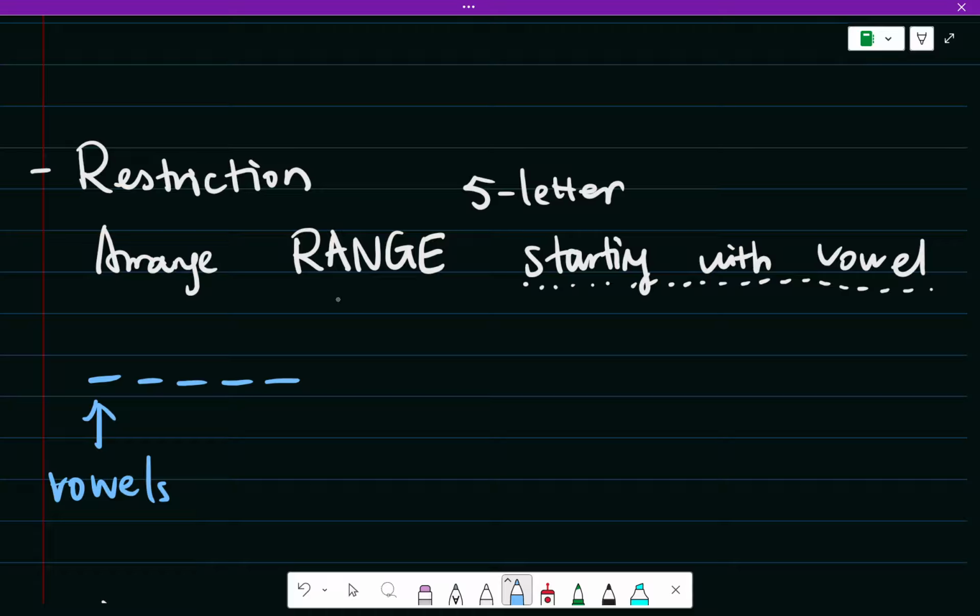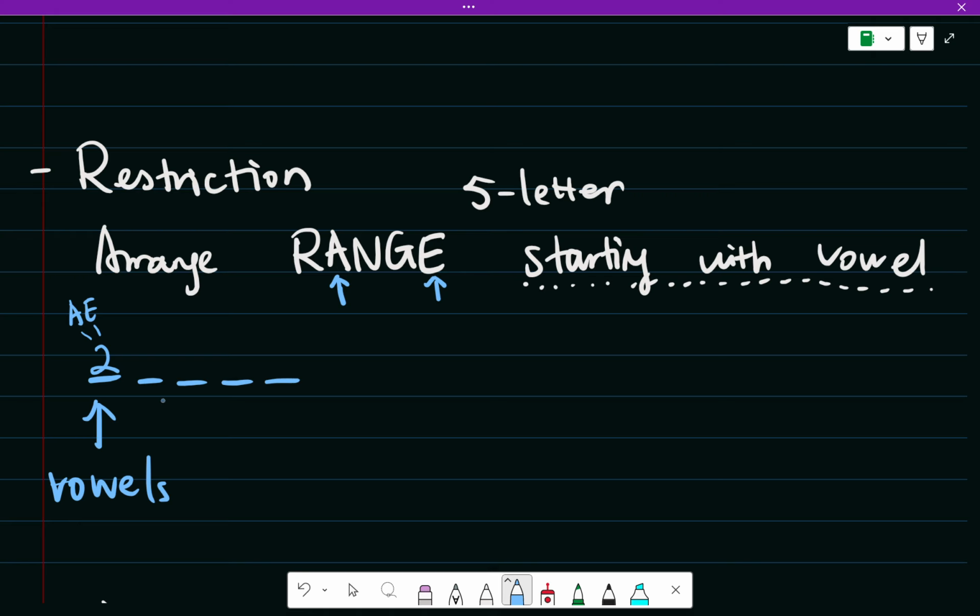If we look back into the word range, we only have 2 vowels, A and E. It means that on the first position, we only have 2 possibilities to choose from. We can either do A or do E. No other possibilities. We cannot put R or N or G in the first position. And so we only have 2 possibilities.